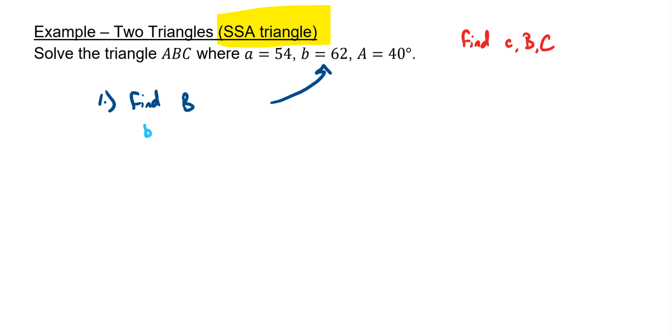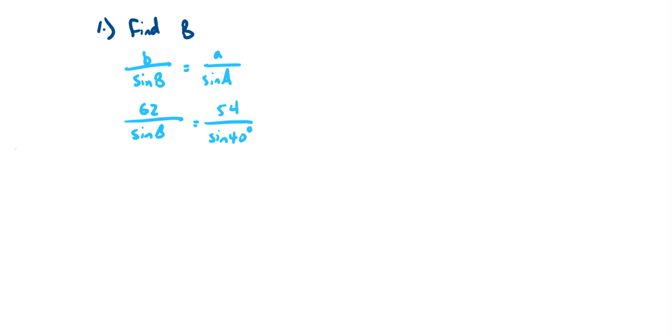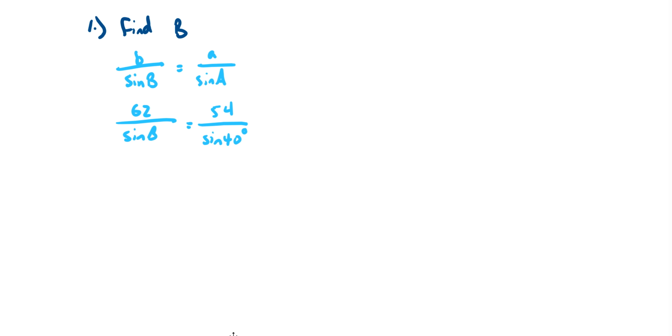And we need to solve this for angle B, which is always a little bit trickier when you're using law of sines to find an angle. So I can go ahead and do what we just did on the previous page, essentially cross multiply to get sine of B by itself. So it's going to be sine of B on the right-hand side, and we multiply sine of 40 degrees to the left, and then divide both sides by 54.